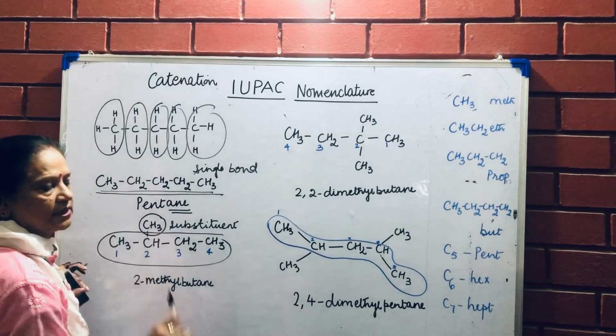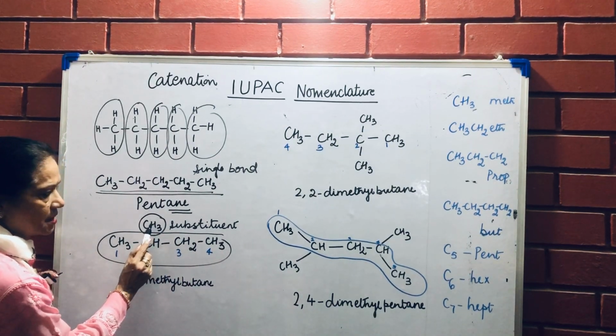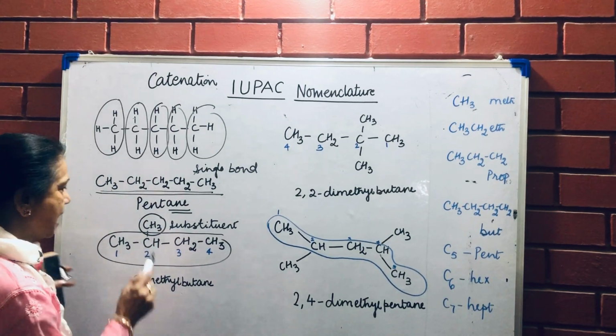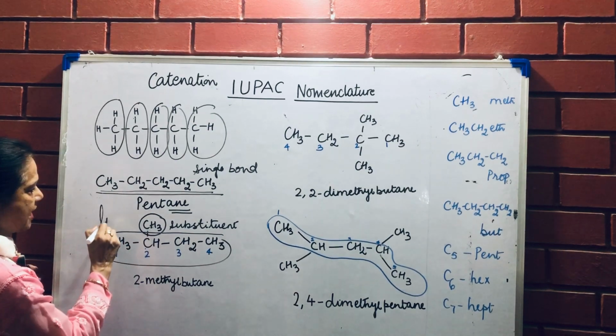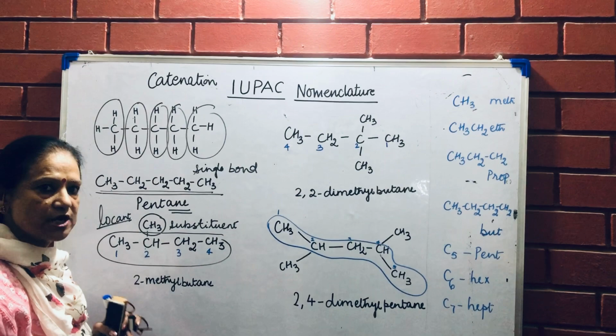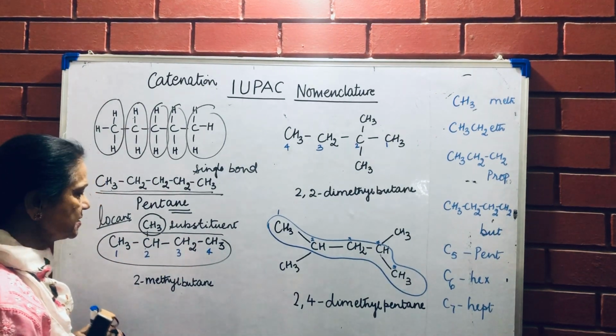And when we are numbering the chain, you will number in such a way that this outside substituent gets the lowest number. And this point is known as locant. So the locant should be the smallest number where this extra substituent is present.